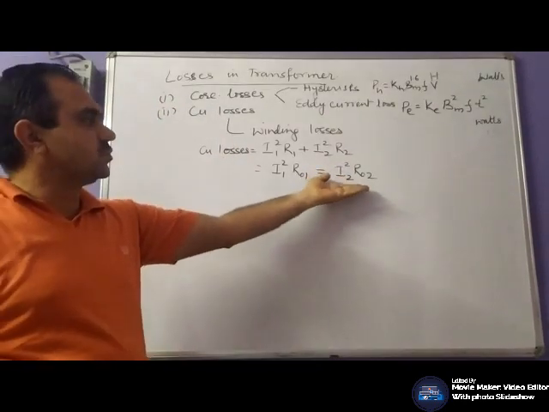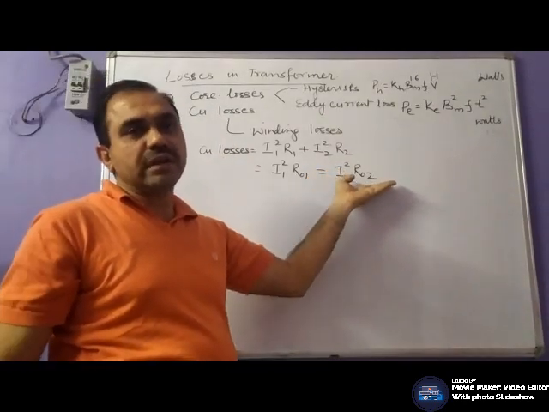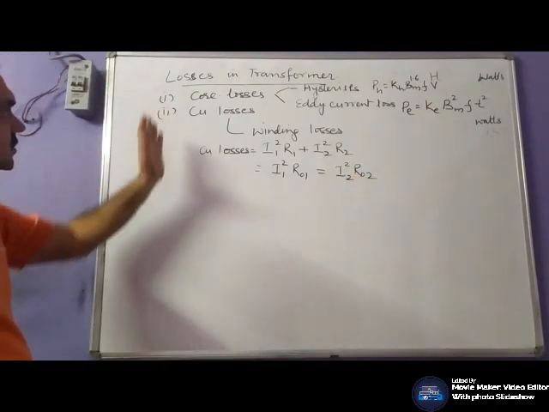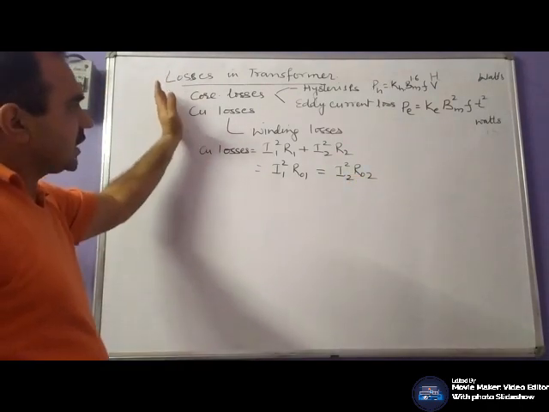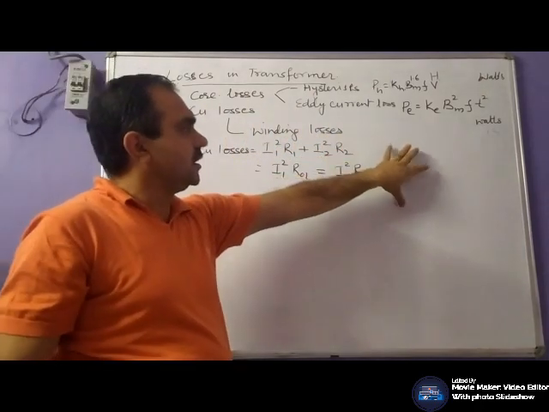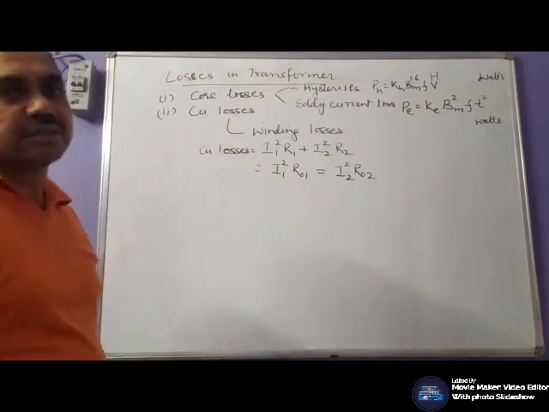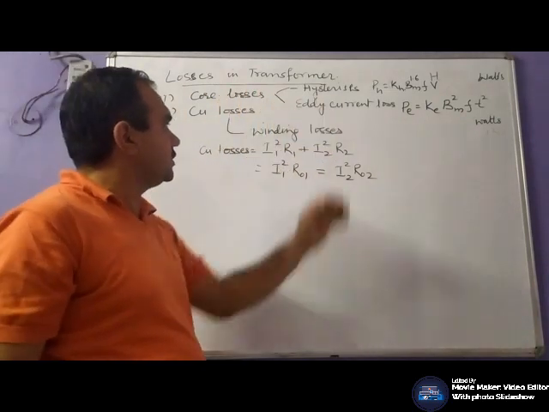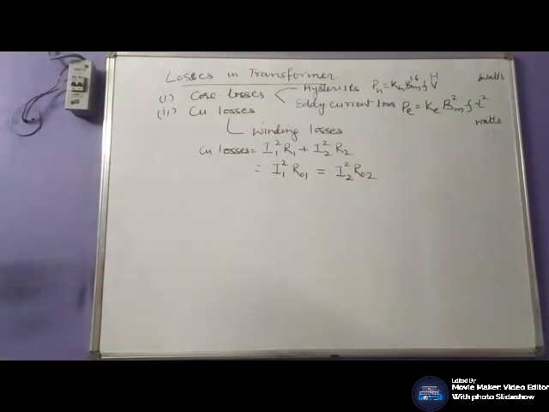So these losses can be found out by certain tests on the transformer. For example, we can find the core losses using the open circuit test.